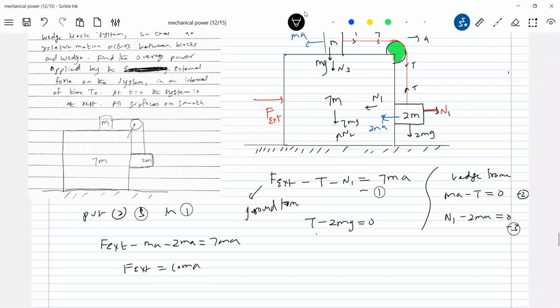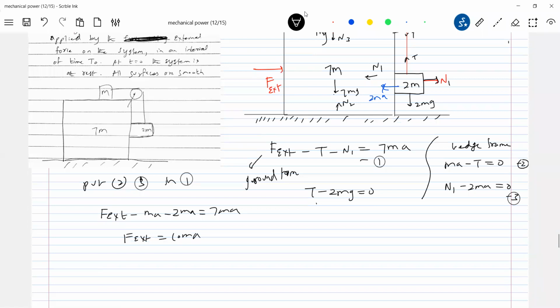But we don't know this external force itself. It didn't give that force. So how to bring that in? Okay, let's take help of this tension. Let me equate equations 2 and 4. From 2 and 4, ma minus 2mg, so the acceleration is equal to 2g.